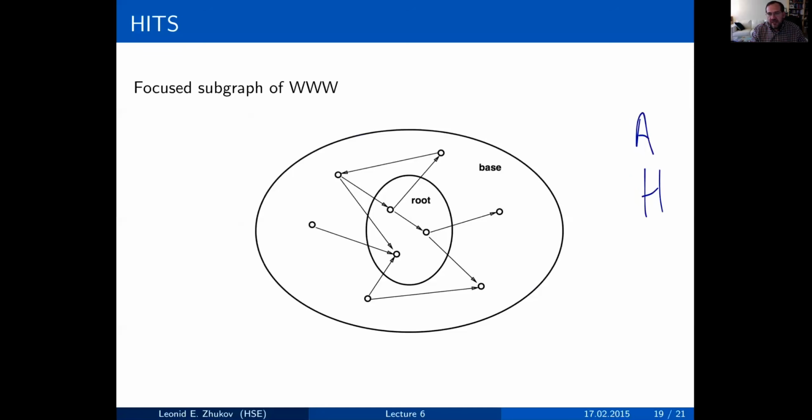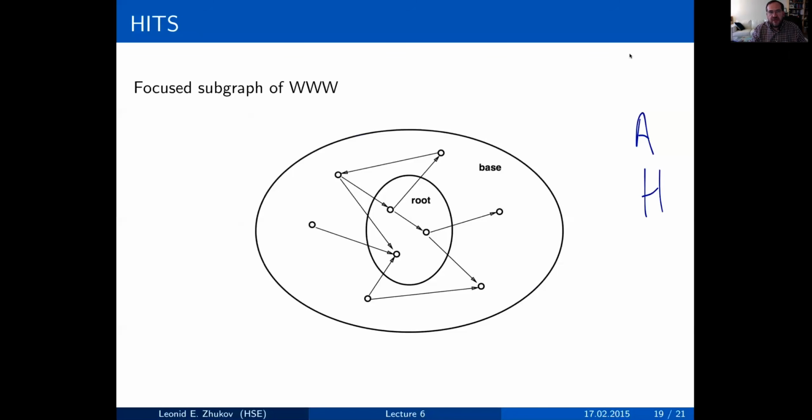And in fact, the original design proposed by Kleinberg was not using this scoring mechanism to score the entire web like PageRank. It was designed to score a focused subgraph.